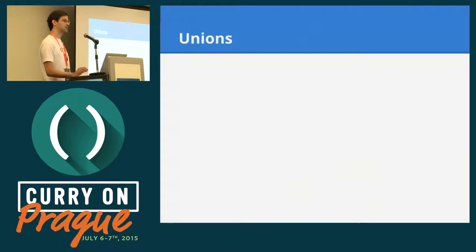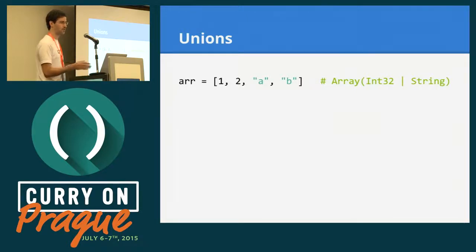But then Crystal has another concept, which is union types. That happens when a variable has more than one type across different points in the program. For example, here we have an array of mixed types, numbers and strings. When we access one of those elements, what we get back is a union type, which is, again, a number or a string.